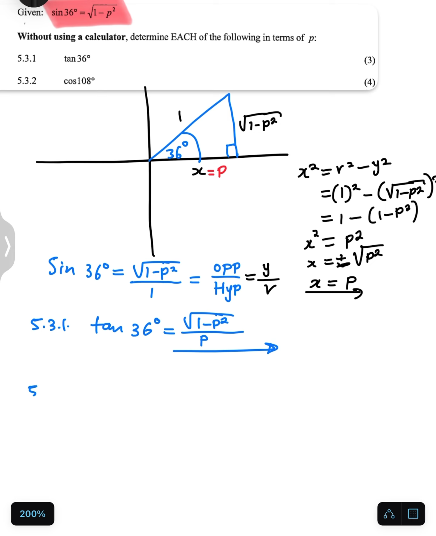And then 5.3.2, it says cos of 108 degrees. So 108 degrees will be cos of 90 plus 36, I believe.